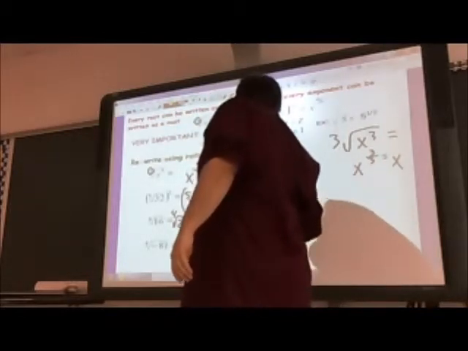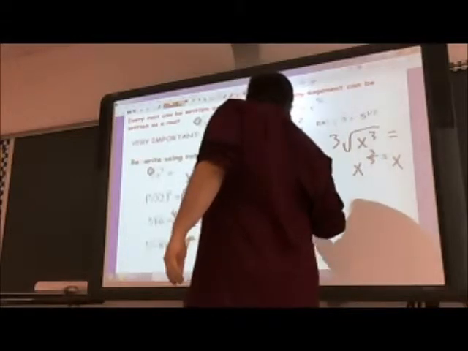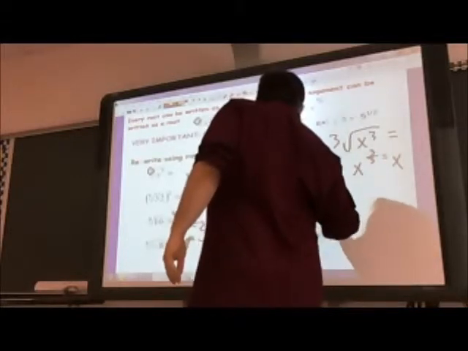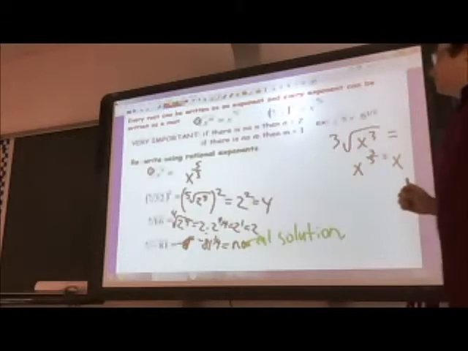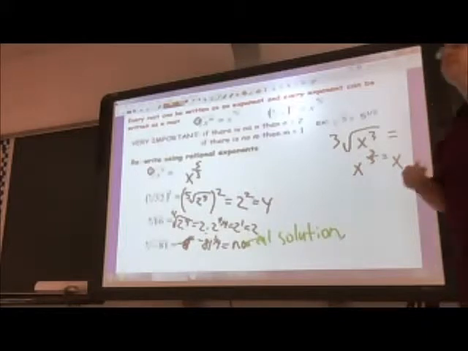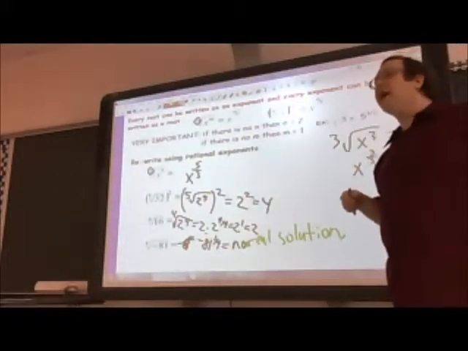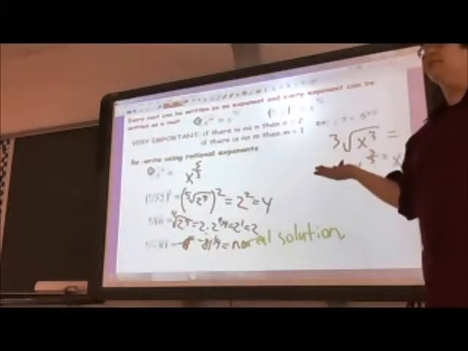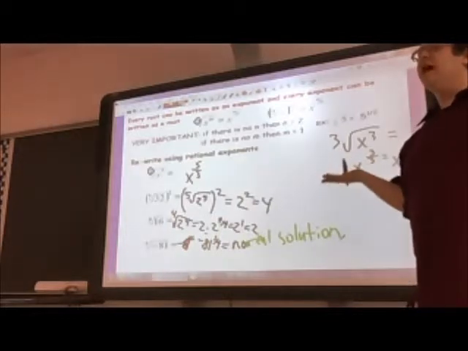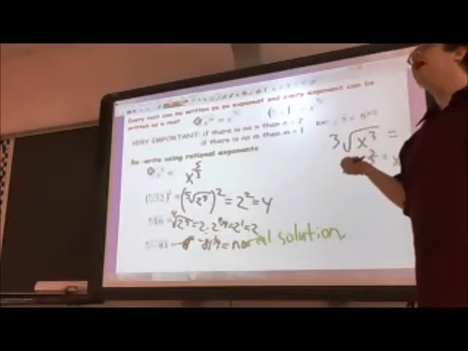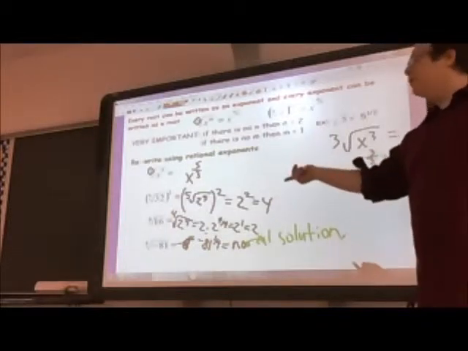Real solution. There's no real solution to this. It's because it's a negative. We know that, for example, what's the square root of negative 81? Do you remember? It'd be 9i. And this would not be 3i.